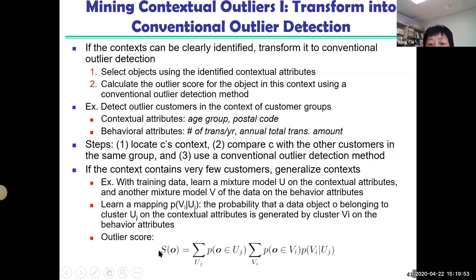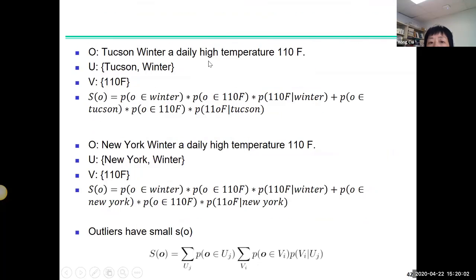compute an outlier score. This formula may look abstract and you couldn't make a lot of sense of it, but if we put it into our direct concrete example, it's going to be clear. So the formula is this. In this case we have Tucson winter, with a daily high temperature of this Fahrenheit, so our contextual attribute is Tucson winter.